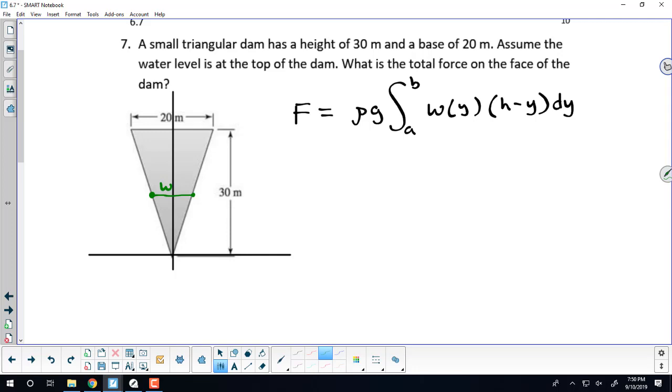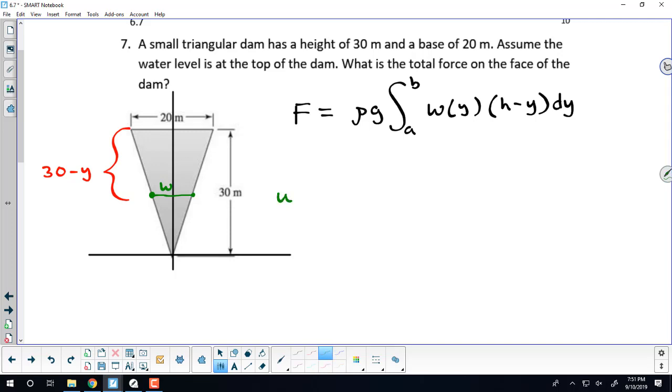What would h minus y be in this instance? Yeah, height of 30. So that's 30 minus y, from here to here, for all of the cross sections we look at, except for, of course, the one at the very bottom and the one at the very top.